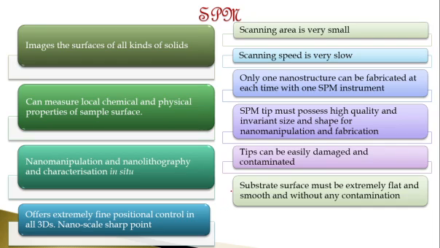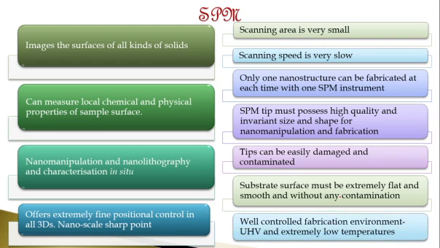Otherwise, the add atom which is attached to the tip will undesirably be dropped off by these contaminants or dust particles on the surface. And it must be performed under a well controlled fabrication environment like ultra high vacuum and extremely low temperature for the features to be constant and consistent.